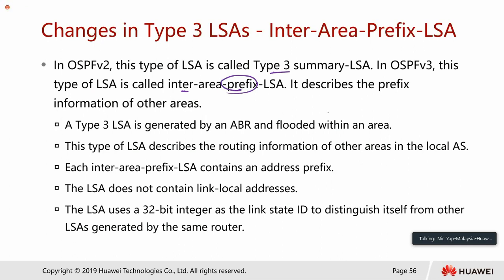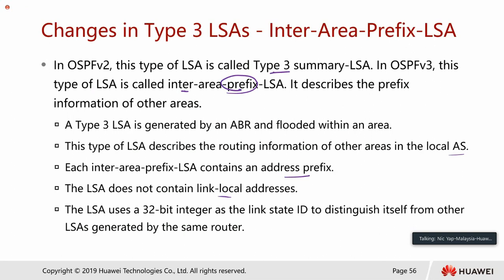It describes the prefix information of other areas. A type 3 LSA is generated by an ABR and flooded within the area, and this type of LSA describes the routing information of other areas into the local AS. Each inter-area prefix LSA contains an address prefix, and the LSA does not contain link-local addresses, because this one needs to be sent to other areas.